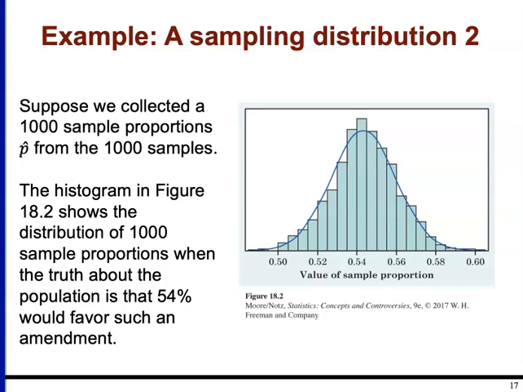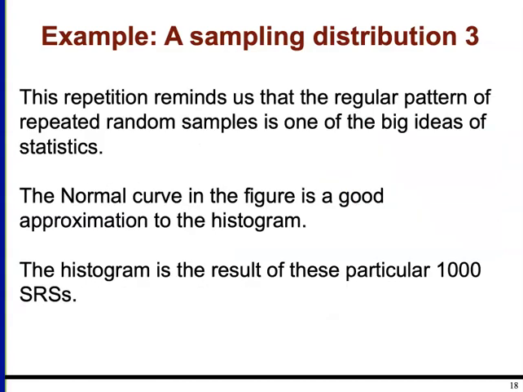And so we should expect about 54% of Americans would find vaccines to be extremely important based on what we see in these samples. So we've got this repetition happening, this regular pattern, and that's ultimately one of the big ideas of statistics. It forms the foundation of how we can use statistical methods in the last section of this course in order to take samples to explain what's going on in the population. And often the normal distribution is going to be a helpful way for us to understand what's going on in these probability distributions.